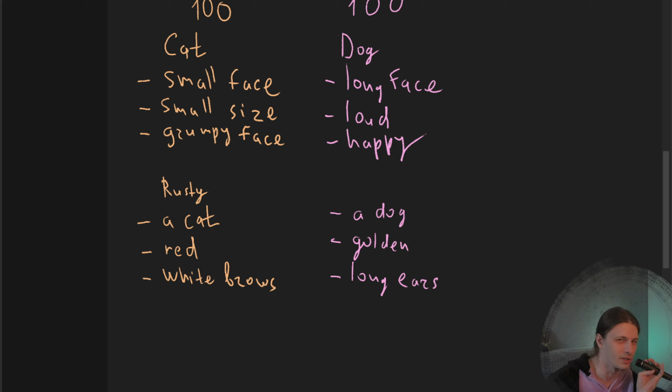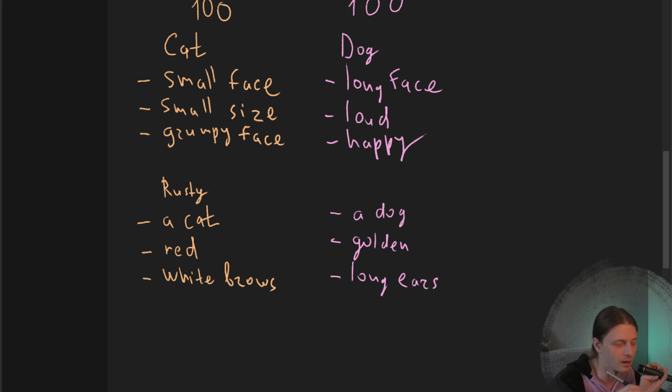I don't know how much catchy this name is, but Rusty. It's red and not very unique, probably. Well, let me know how you would call this cat. And a dog. How would we call this dog?